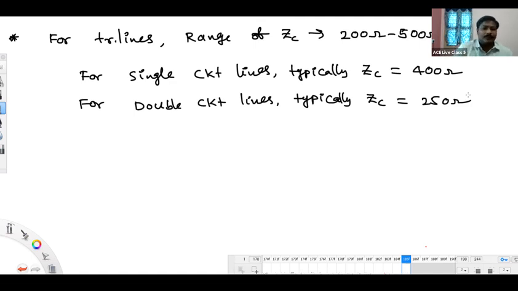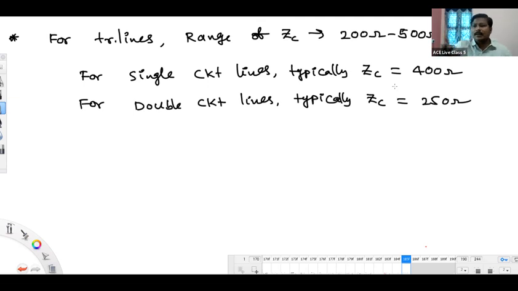But anyhow, in the examination, they will definitely give the surge impedance when they give a problem. Why are we discussing these things? Just to get an understanding. Maybe in some interview, people may ask you what the surge impedance of a double circuit line or a single circuit line is.